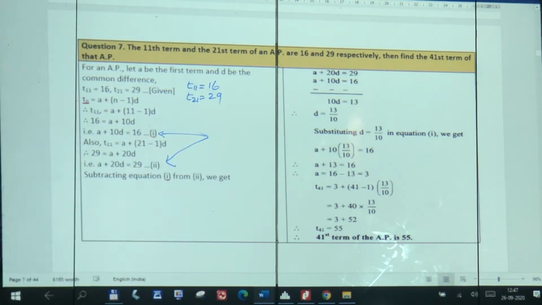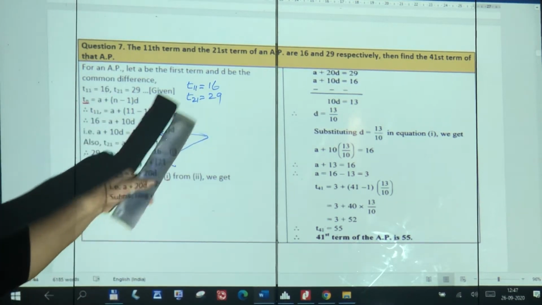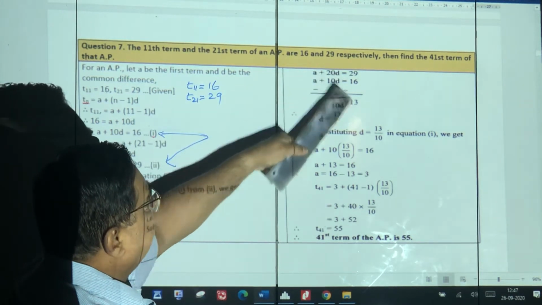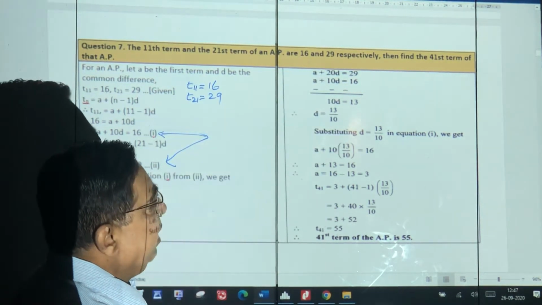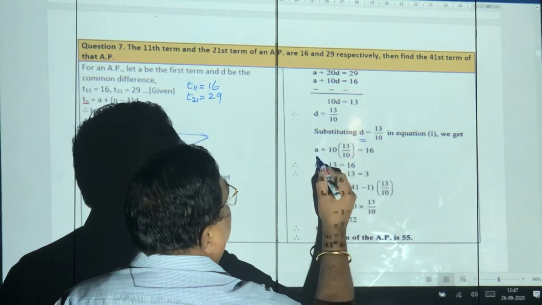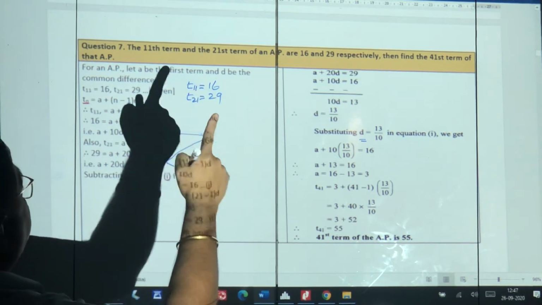How to solve? I have already done simultaneous equations with you in 8th and 9th standard, a whole chapter on it. Make the numbers equal and subtract. A will go. So from here 10d will remain, here 13 will remain, and that is how we get the answer. I have d. I have to find the 41st term.